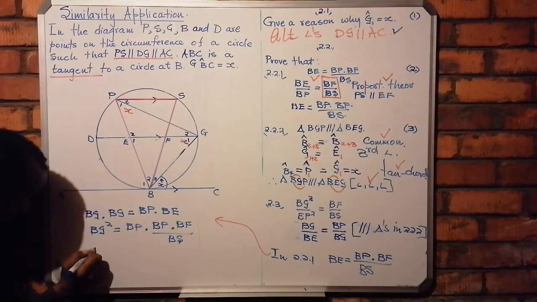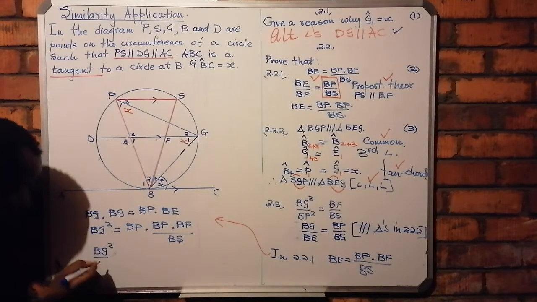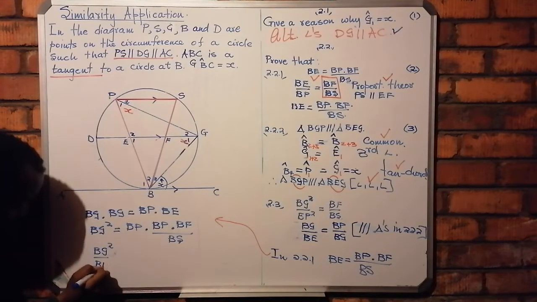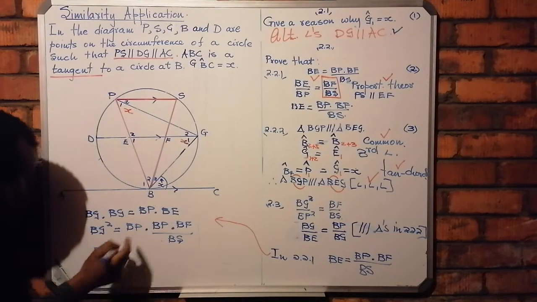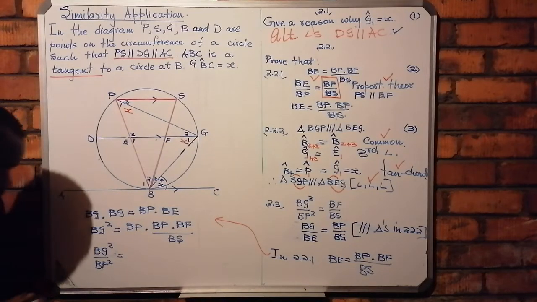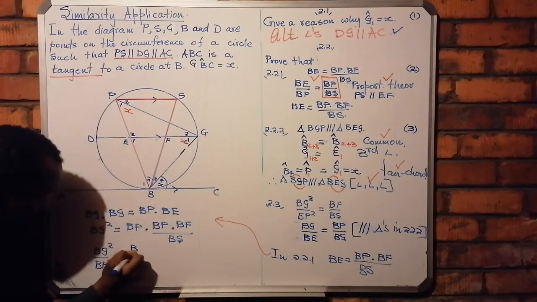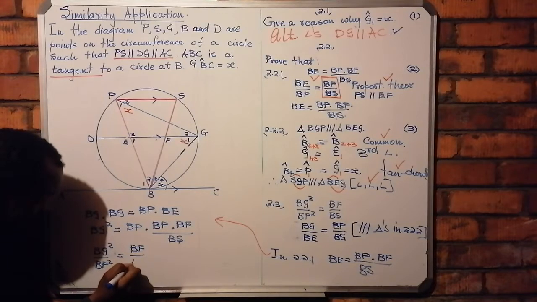Now, it will be BG squared divided by BP times BP is BP squared. I cross multiply, which is equals to BF divided by BS.